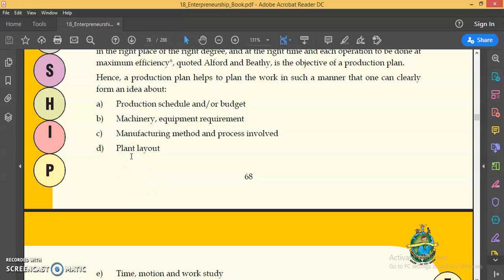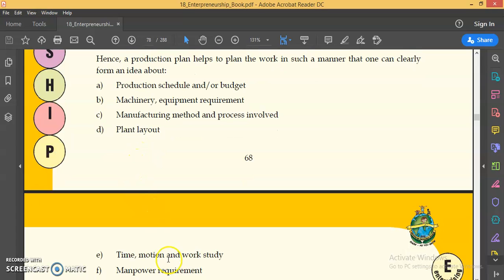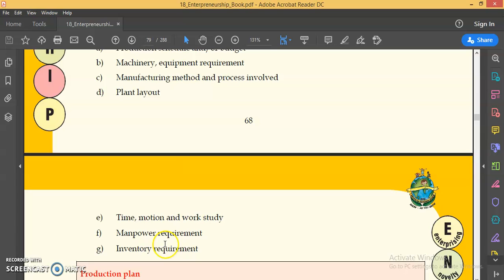Like when you're making a building, you make a plan, isn't it? Likewise, you should make the layout of the particular factory. Then the time, motion, and work study, manpower requirement, inventory requirement, everything you should keep ready. You should pen it. Okay, it should be in black and white. So that is why you make a production plan. So the production plan is very, very important. Okay, and only then you will know.